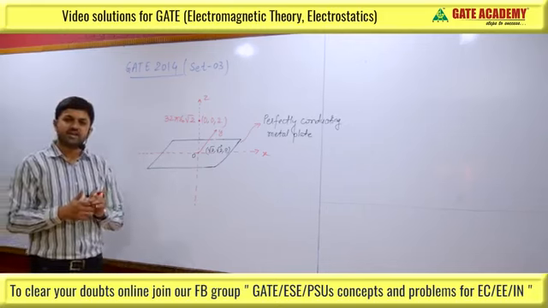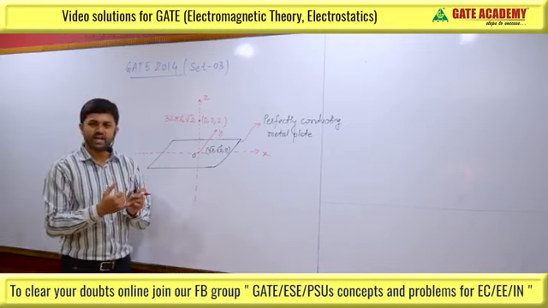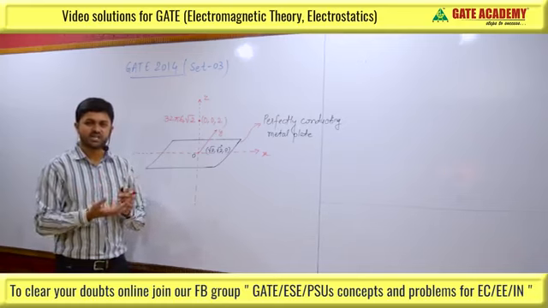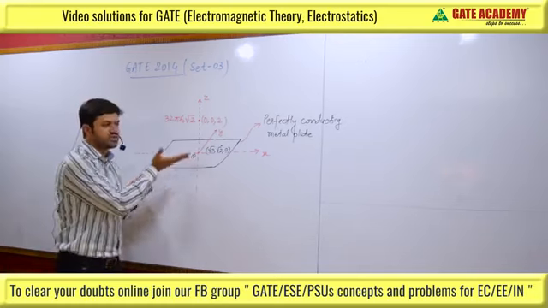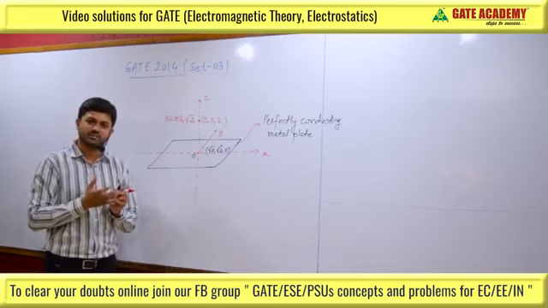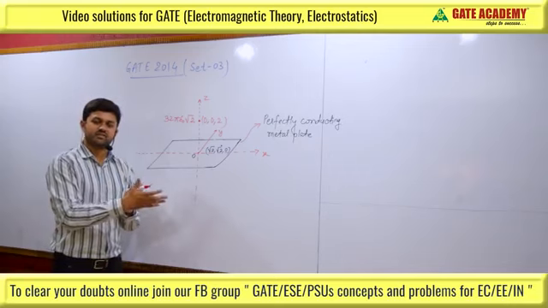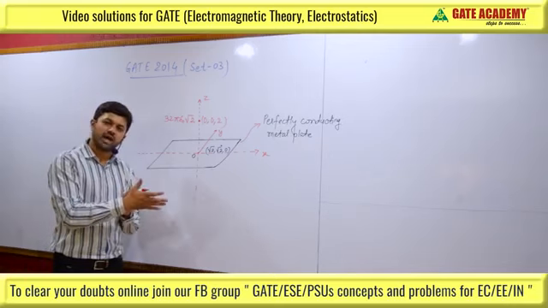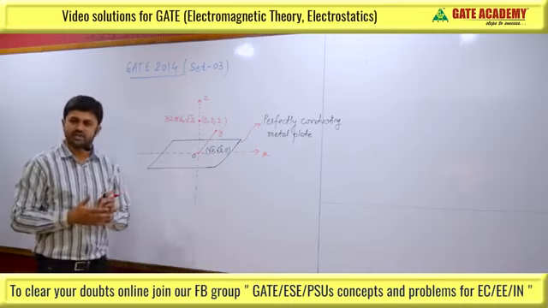Whenever there is a point charge, line charge or surface charge placed above a perfect conducting metal plate, we have to apply the method of image.